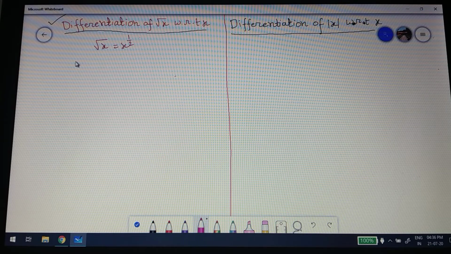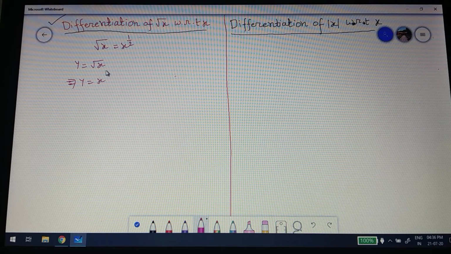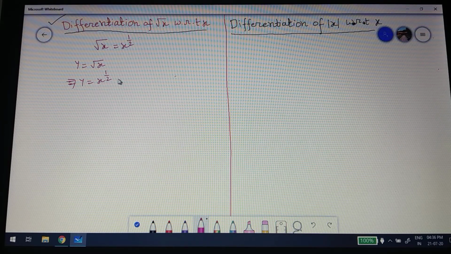So, if I write y equal to root x, it means y equal to x to the power half. Now, I need to differentiate it with respect to x.